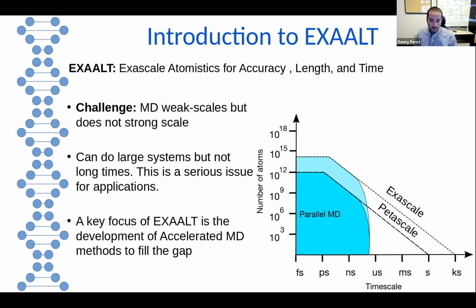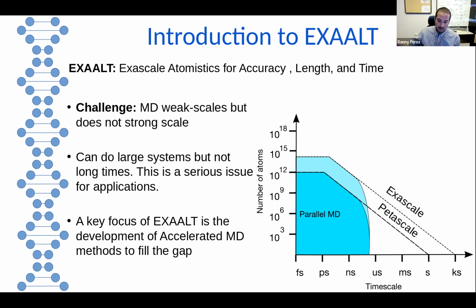So it weak scales very well, but it doesn't strong scale. If you see on the picture on the bottom right there, there's this kind of big region at long time scales and relatively smaller systems that is inaccessible to traditional MD because you're communication bound. So one of our big focuses in Exalt is to develop methods that will try to bridge that gap.